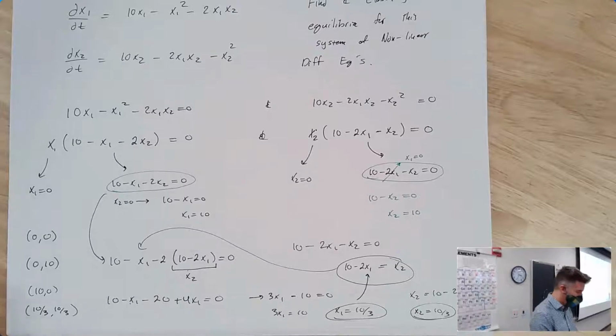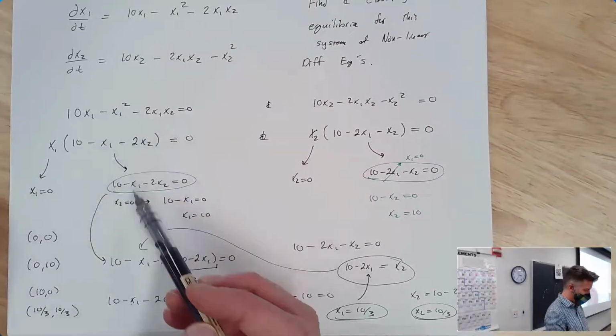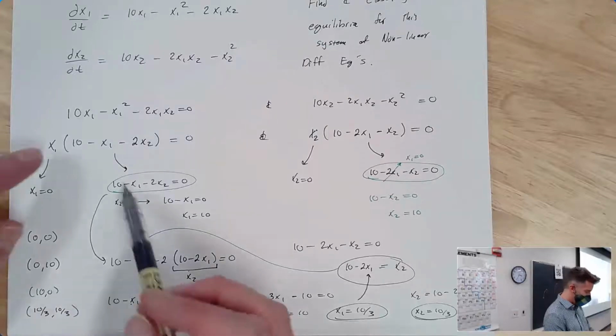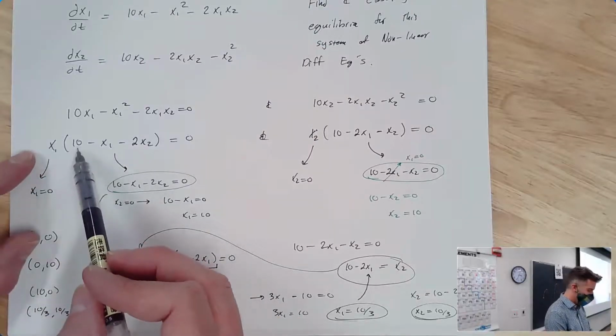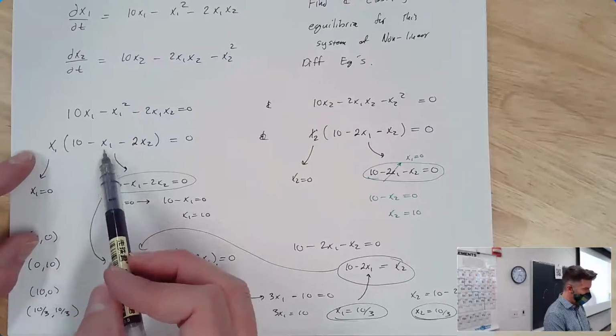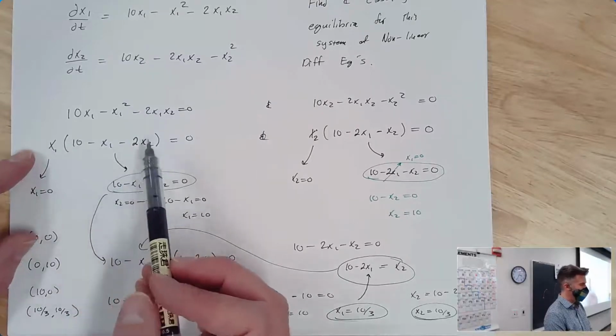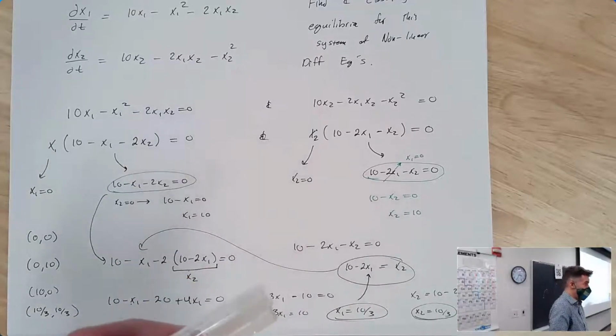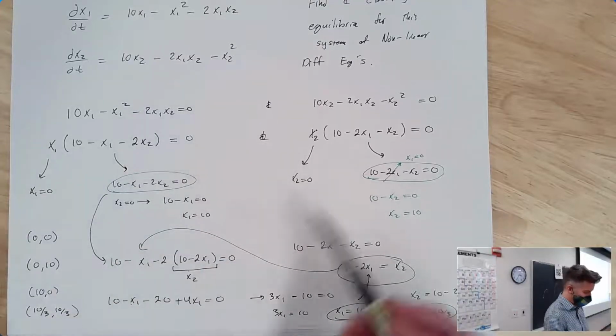And if you look back, I don't want to look at this version because it's kind of hard. But if I plug in 10/3, 10/3 for x1 and x2, look what I get. I get 10/3 times 10 minus 10/3 minus 20/3. But minus 10/3 minus 20/3 is just minus 10, right? It's minus 30/3, which is 10. And I get the same deal here.